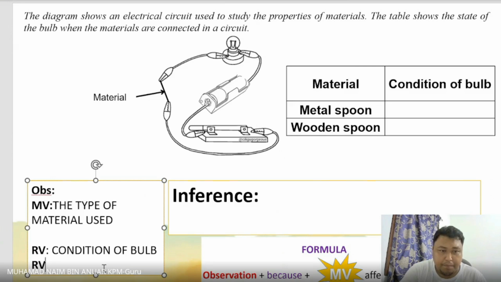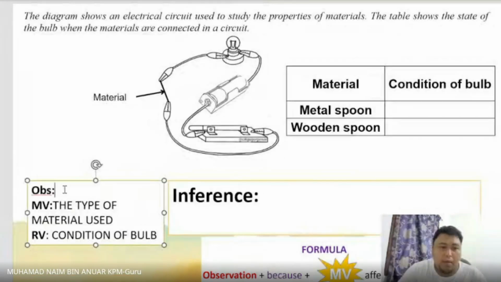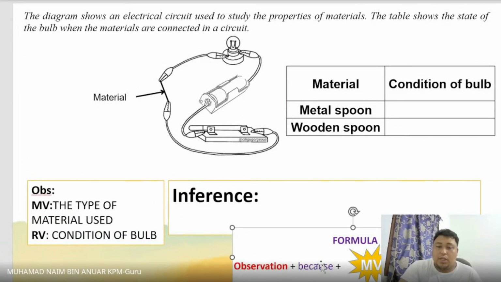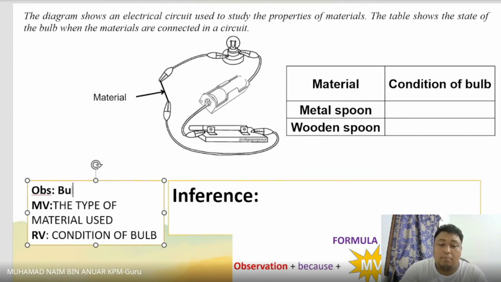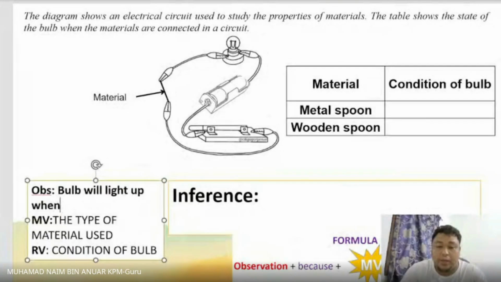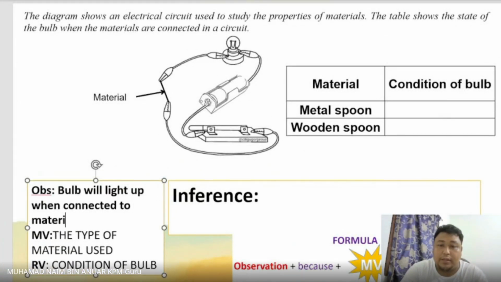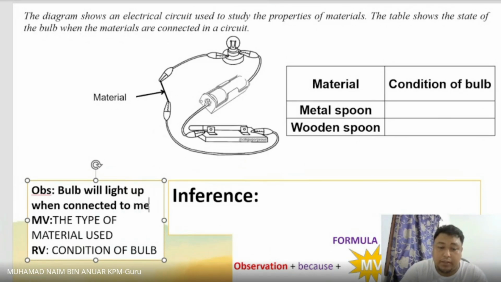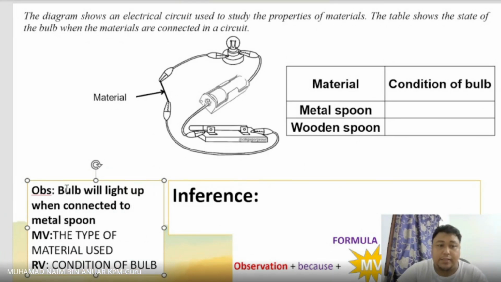Now, the observation, because MV affect RV. Now I want to write the observation. Observation is bulb will light up when connected to metal spoon. That is the observation.